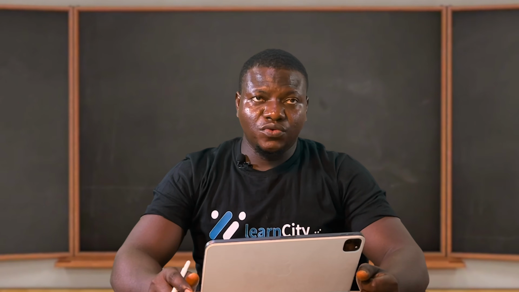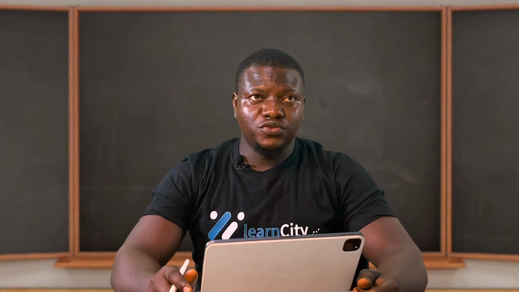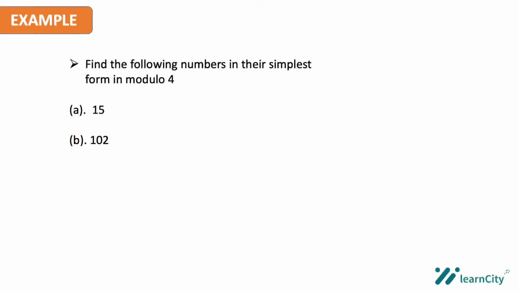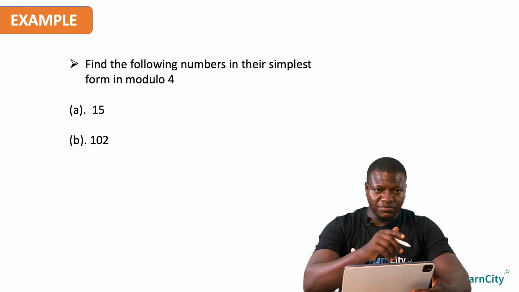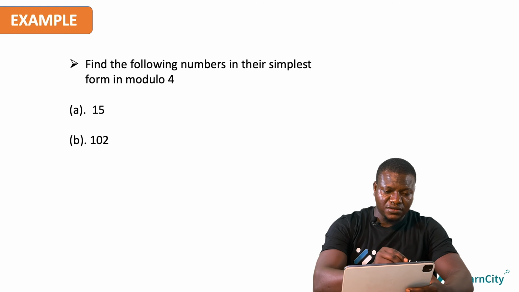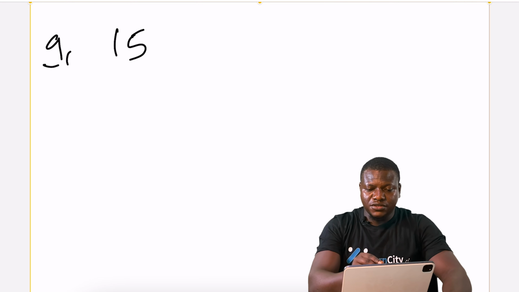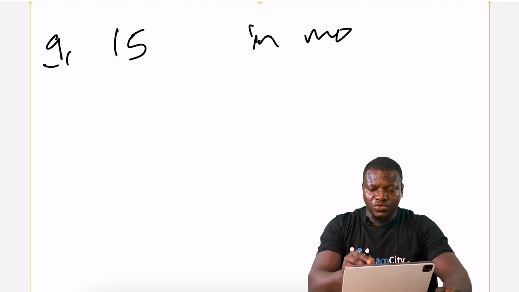So we will continue with examples on modular arithmetic. Find the following numbers in their simplest form in modulo 4. We want to find 15 in its simplest form in modulo 4.